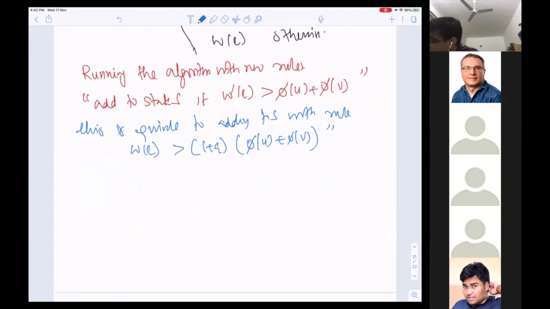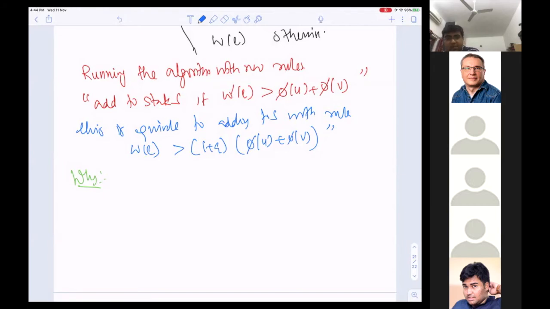Why? Well, that's very simple. So what we do is, I'm going to run this algorithm with respect to this W prime of e. Whenever an edge comes, I compute W prime of that with respect to this weight function, and as I told you, we are not going to do this.